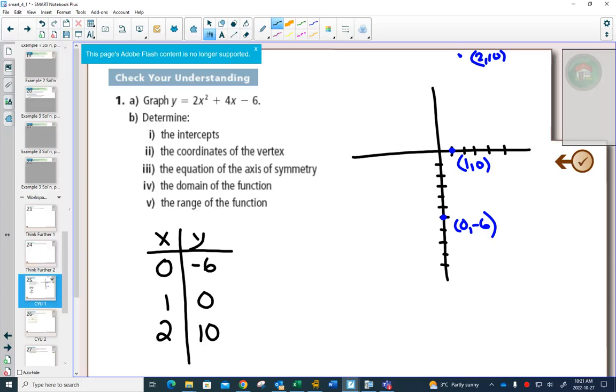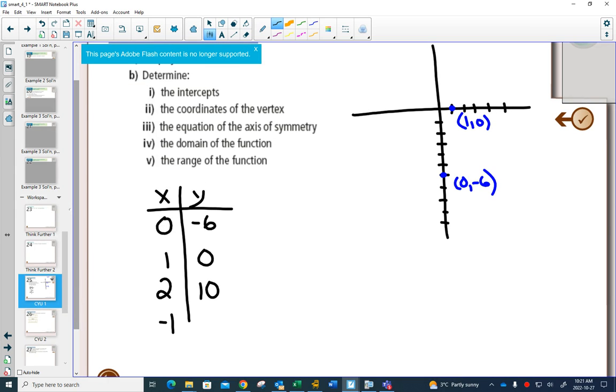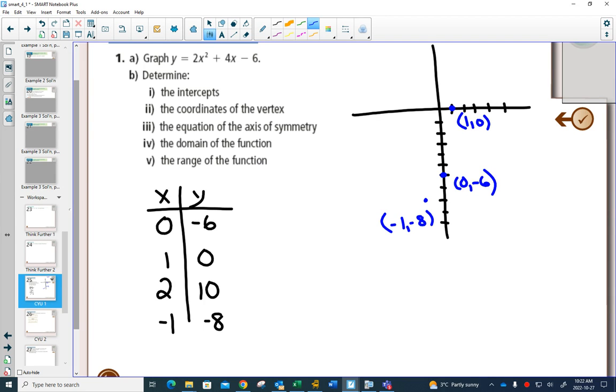So I would try going in the other direction this time, -1. Plugging in -1 into the equation would give me 2 minus 4, give me -2 minus 6, -8. But I still haven't got symmetry yet. Everything is off.